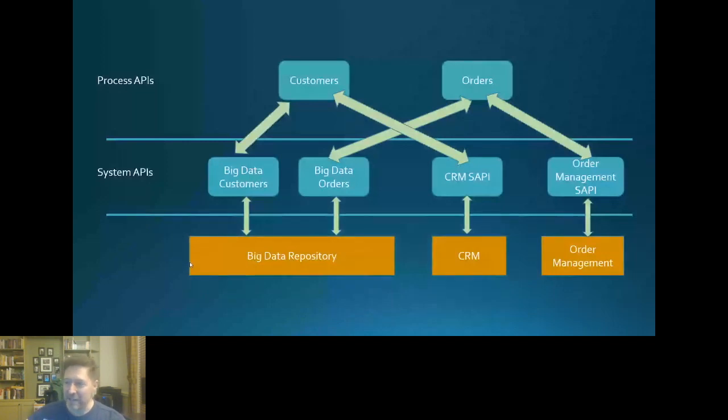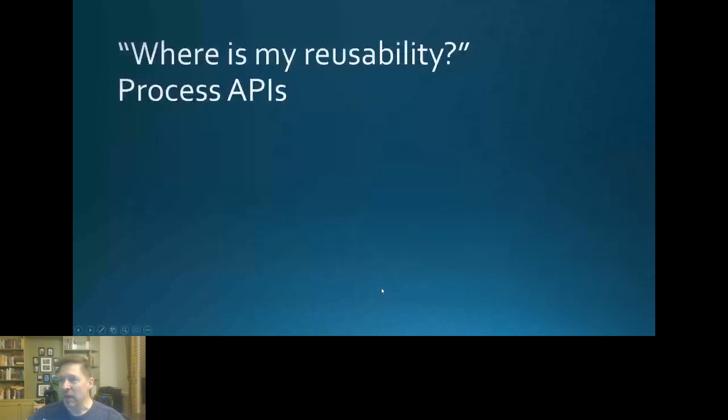What about process APIs? Is there anything special that we can do with process APIs? I'm going to argue that the answer is yes. In the MuleSoft training, especially the fundamentals course, and I must say even in the architecture course, I didn't see a whole lot of information about how to achieve maximum reusability for process APIs. So with my clients and my students, I try to teach it this way.